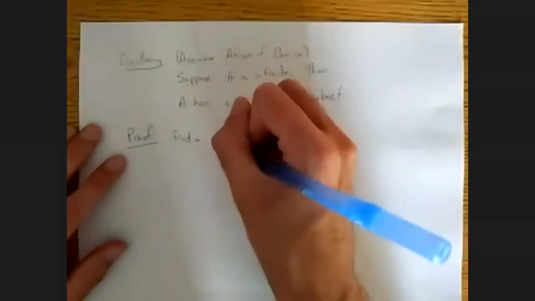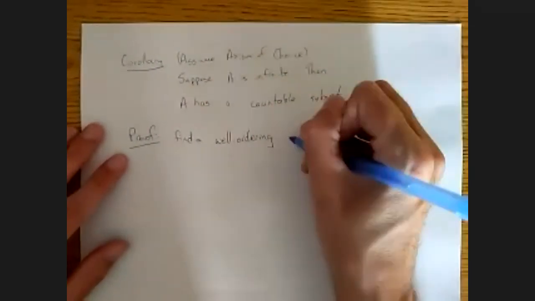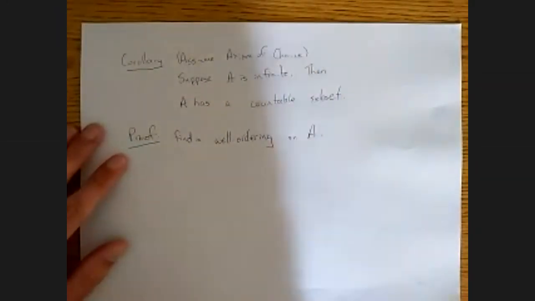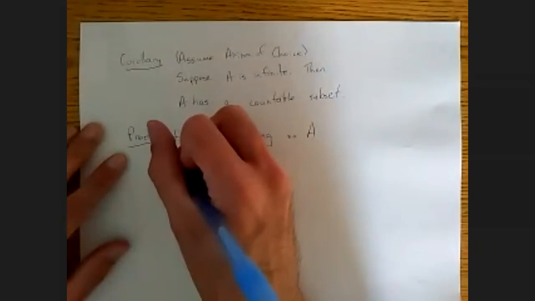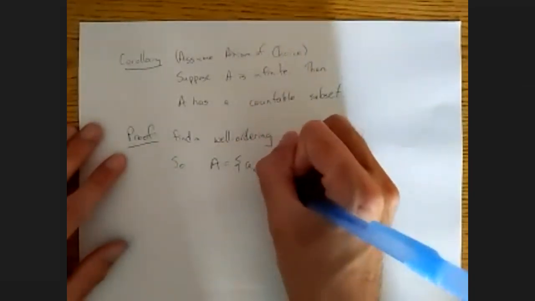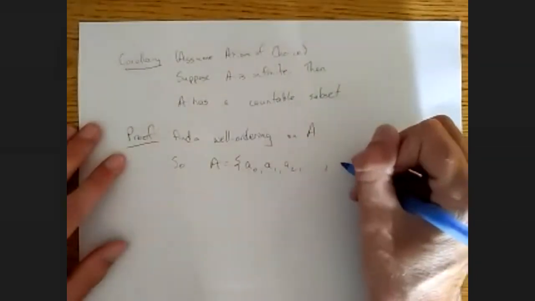Find a well ordering on A. Well, if you do that, that means you have the least element. You can write A as the least element, the one after that, then A2, and so on.